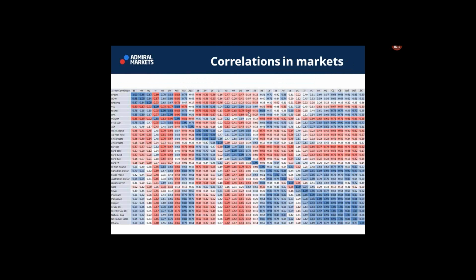So, for instance, if we look at S&P 500, very high correlation with the Dow. Not so surprising. All right, and if we move on, take a look, for instance, at the euro. There's not much correlation there, minus 0.16. Australian dollar, a bit more.